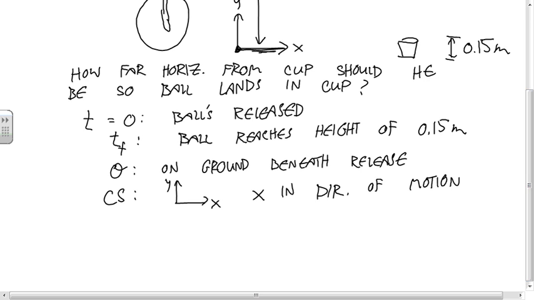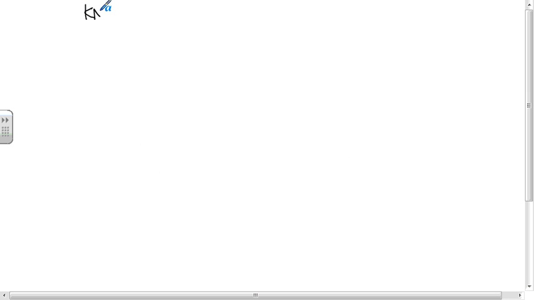And now we're going to list out what we know and want. Do we know anything about the initial position? We know that the x component is 0. Do we know anything about the y component? 1 meter. Yep.